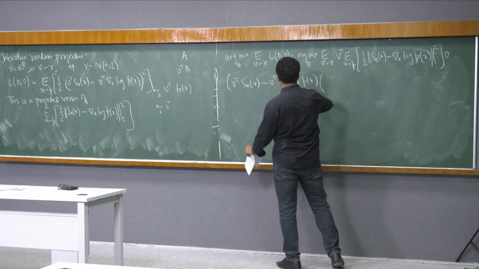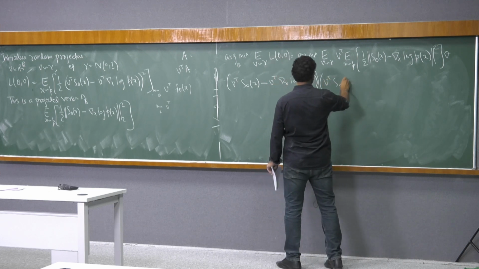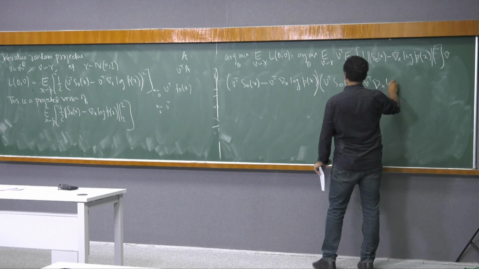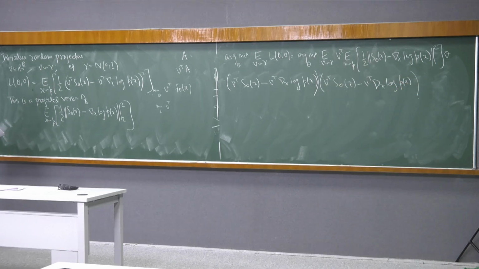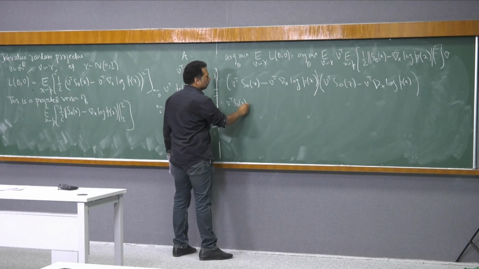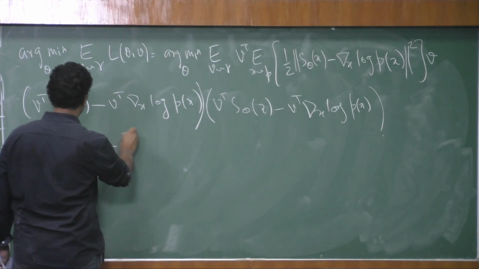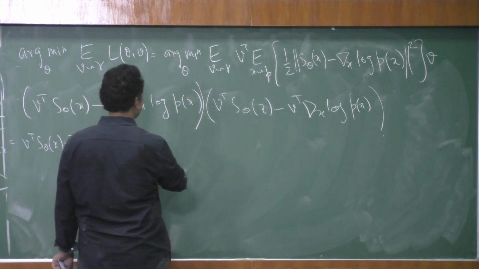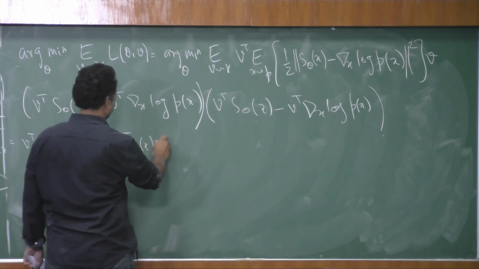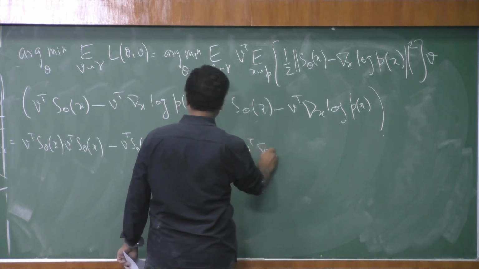So let's see, we just multiply this out, right? So this is log p x, and then we close this, and then v transpose s theta x minus v transpose grad x log p x. We get a v transpose from the right as well, but that v transpose is with s theta. That's fine, because both are numbers, right? So this is v transpose s theta x times v transpose s theta x, minus v transpose s theta x times v transpose grad x log p x, and then minus v transpose grad x log p x times v transpose s theta x.